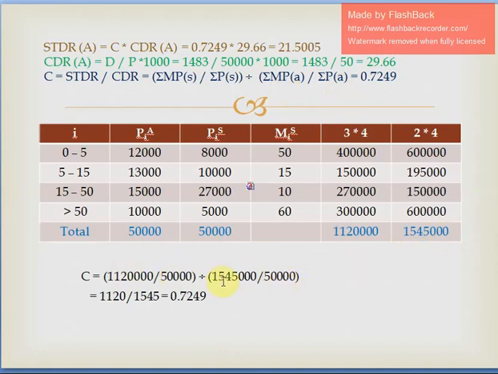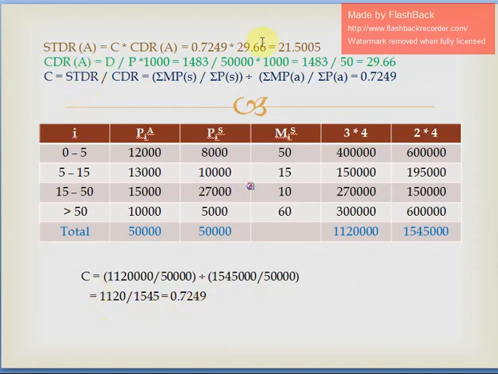If you divide this quantity by this quantity, it is simply 1120 divided by 1545, since the 50,000 gets cancelled. So 1120 divided by 1545 is equal to 0.77249. This is the value of C.